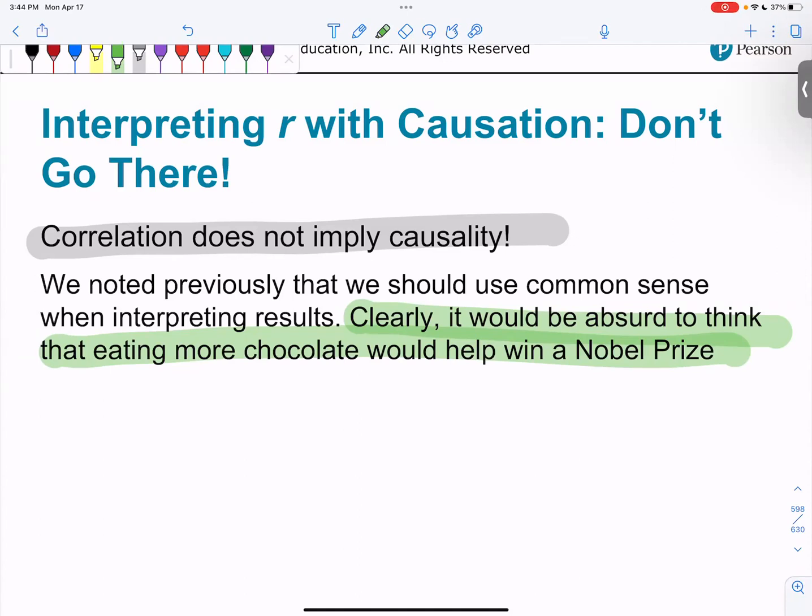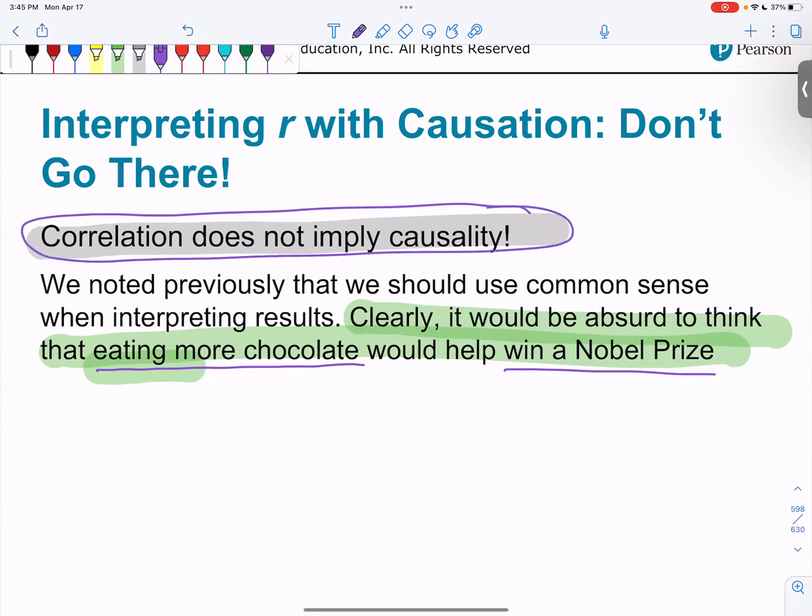So here they said, I like to think that eating more chocolate would help to win Nobel prizes. Even though this makes sense, when we study correlation, we do not go to this conclusion.